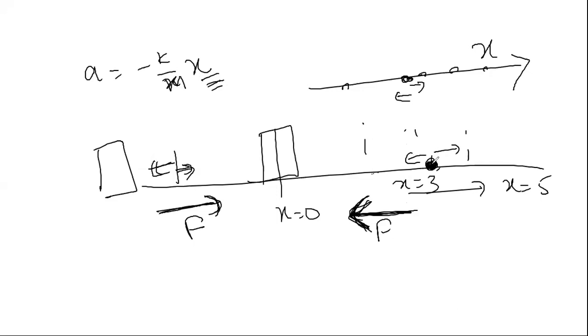Again, with respect to this point, it does not matter if your object is moving in this direction or this direction. Your restoring force is always going to act in this direction. So your x is still 3. It doesn't matter which way you are moving, and that is what is given in this expression.